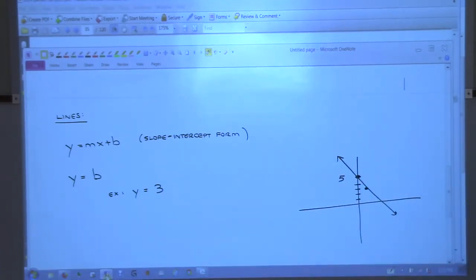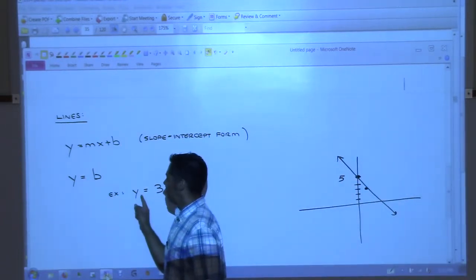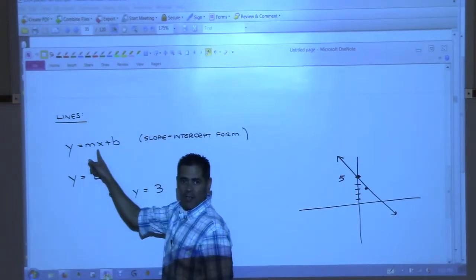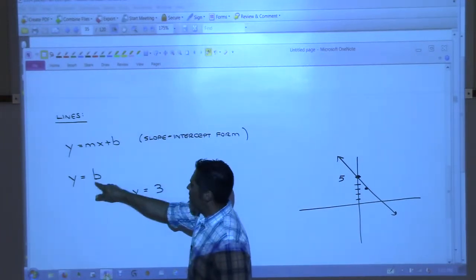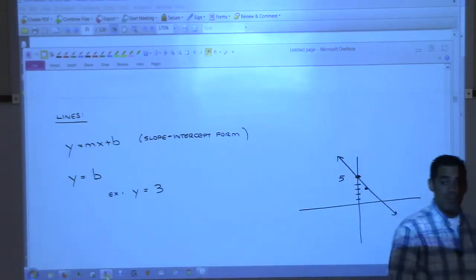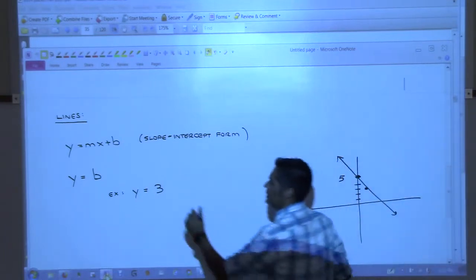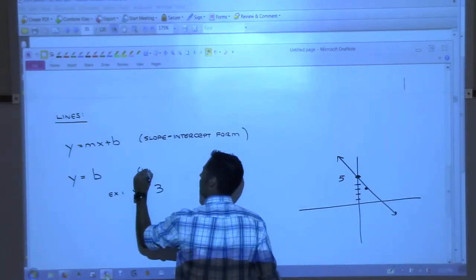That's actually the equation of a line. This is a line right here. Notice it doesn't look like this, right? All it has is the b, right? It doesn't have this mx part, which actually means your slope is 0. So this right here is a horizontal line.